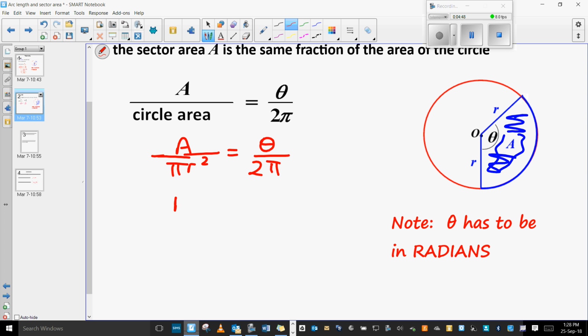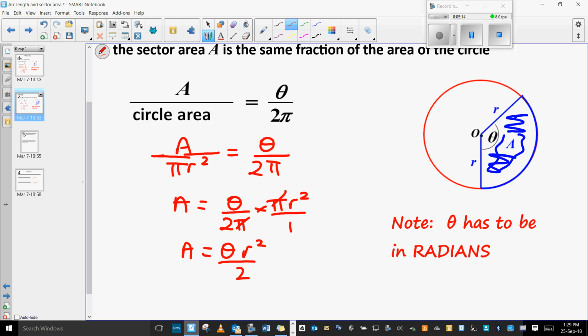So A equals theta over 2 pi multiplied by pi r squared. Secretly over 1. What can we cancel here? Just pi. So we've got A equals theta r squared over 2.